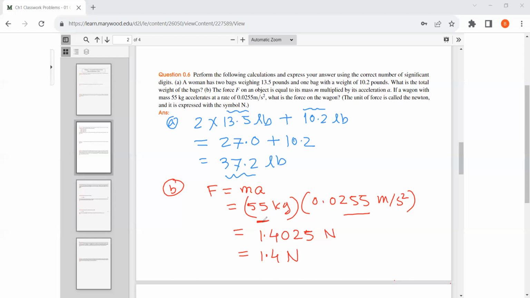So if in some exercise in Brightspace it is written explicitly to submit your answer in the correct significant figures, then you have to follow the rule of significant figures. Otherwise, you don't need to worry about it. All right, let's move on.